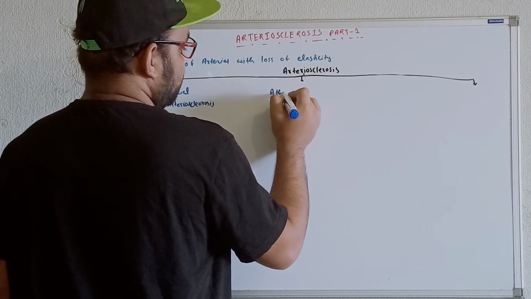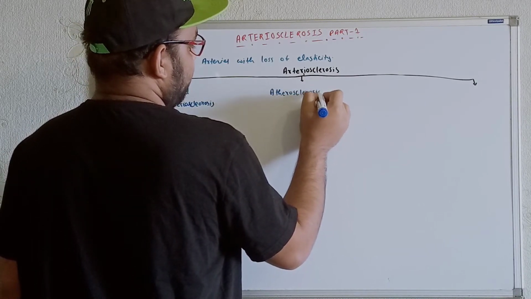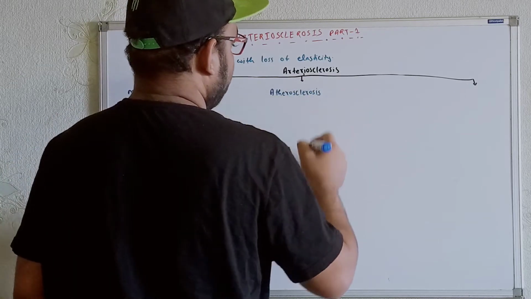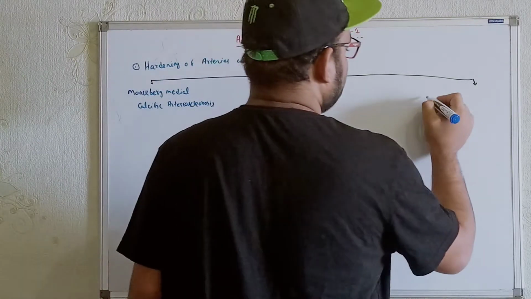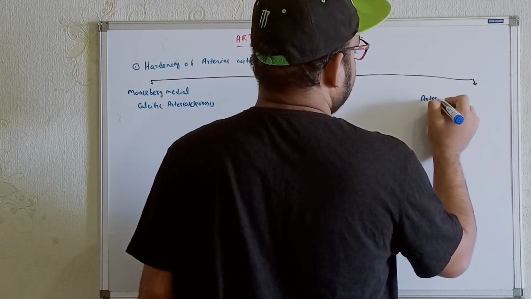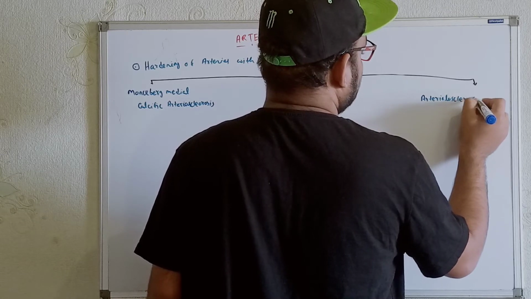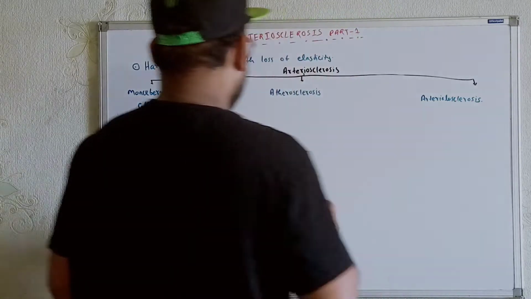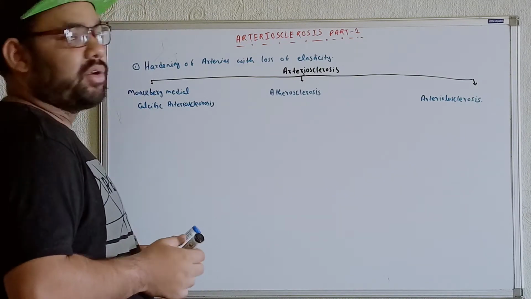So, atherosclerosis. And the third one is arteriolosclerosis.